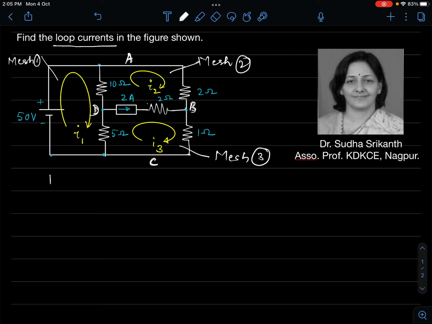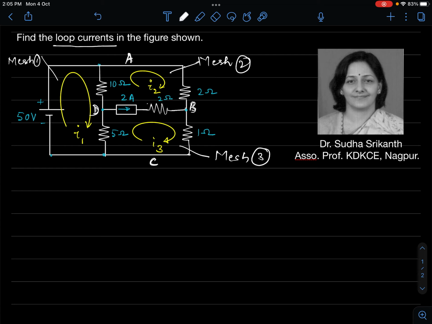That is the fundamental principle. KVL is the fundamental principle using which we arrive at mesh equations. So we consider the potential difference across each element and then write the equations. The voltage across the current source is a little difficult to find out, so we want to avoid this current source in the problem.